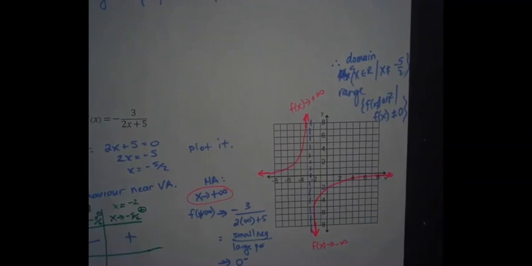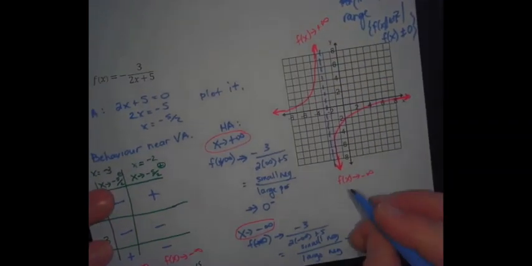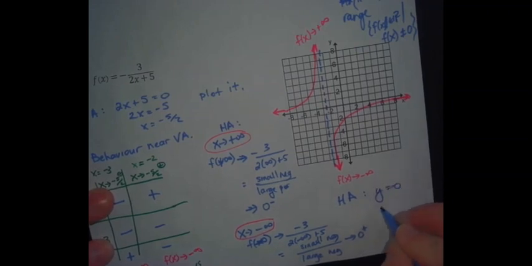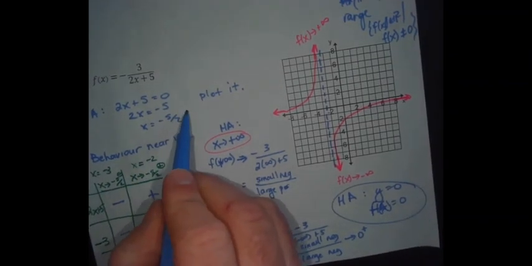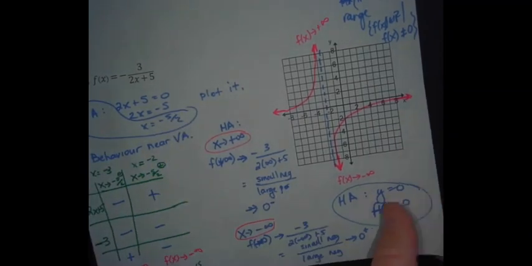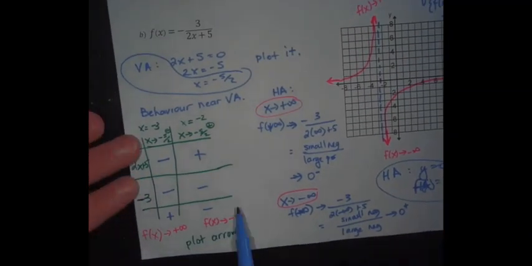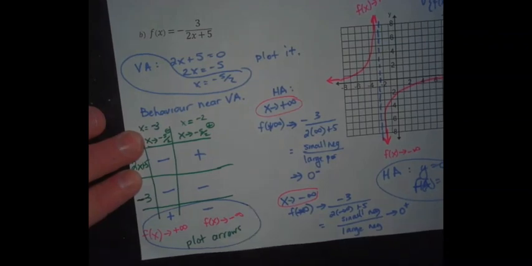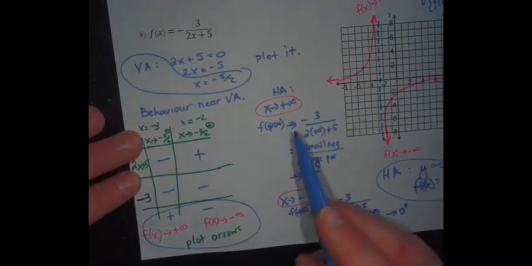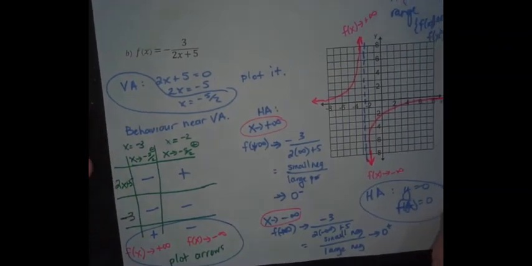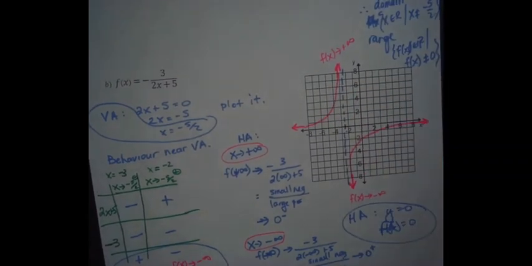So those are my asymptotes. My horizontal asymptote here is y equals 0, or f of x equals 0. So lots of little things drive this.